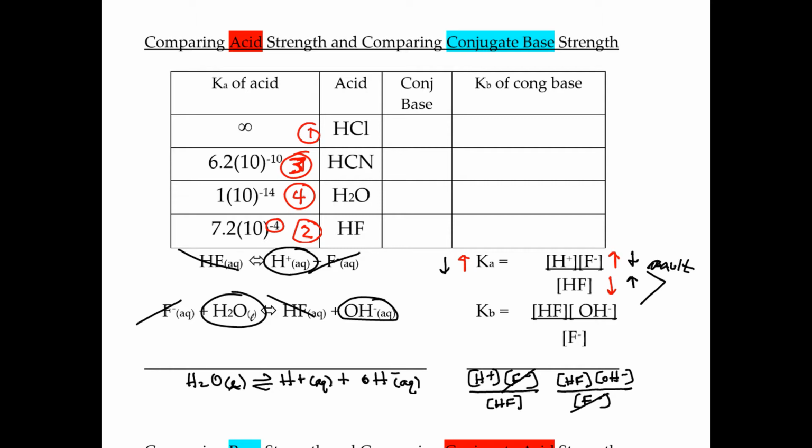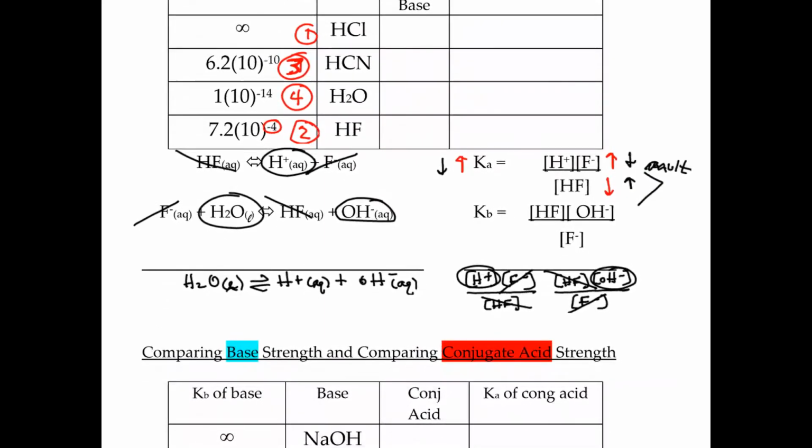And you can cancel out, again, the F minuses. You can cancel out the HFs, and you're left with this H plus times OH minus, which should definitely make a lot of sense to you because that is the correct K expression for this equilibrium, which is Kw.